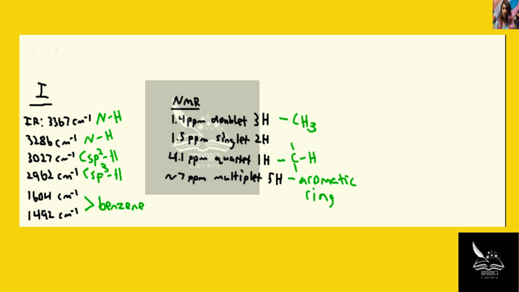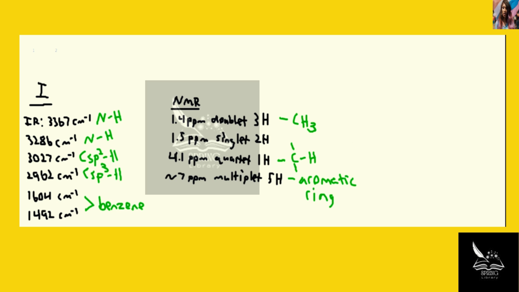And then the second signal at 1.5 ppm is probably a methylene group. Okay, and so if we try to, oh no, you know what? It's not a methylene group. Okay, so there's no splitting on that second signal, and that would be too many carbons, right?